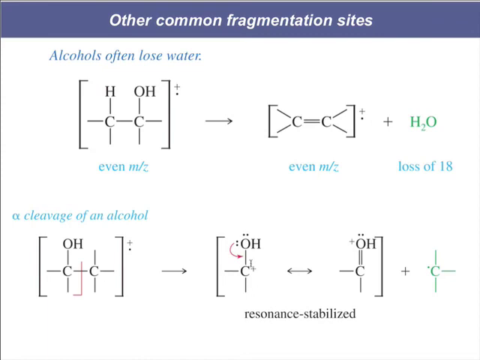That again gives you the carbocation that can accept the lone pair from the oxygen, get you a resonance stabilized cation, and the other side will get the radical, which is of course not detected. So those are typical oxygen fragmentation patterns. Oxygen does not have any significant isotopic effects, so you won't see oxygen 17 or oxygen 15 or oxygen 18 in your spectra. So you have to look for other signs of oxygen.